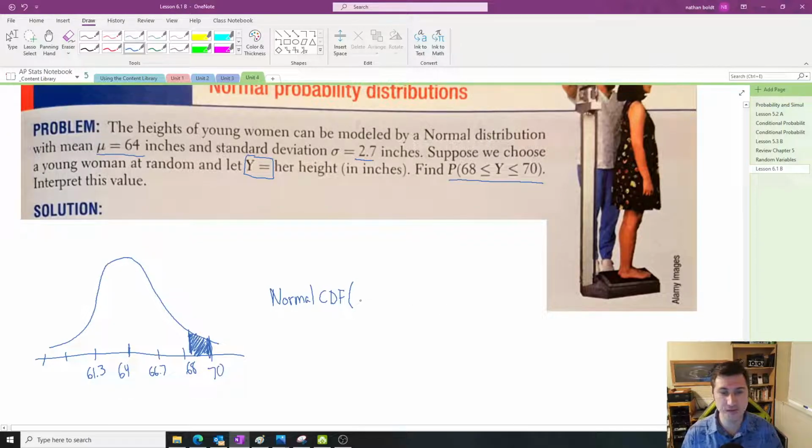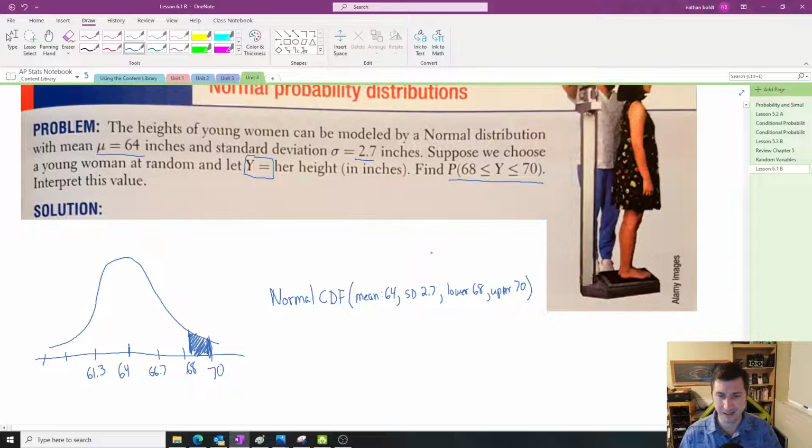So normal CDF, where our mean is 64, our standard deviation is 2.7, our lower is 68, and our upper is 70. Now, everybody's calculator is a little bit different for plugging that in, so be careful on the order.